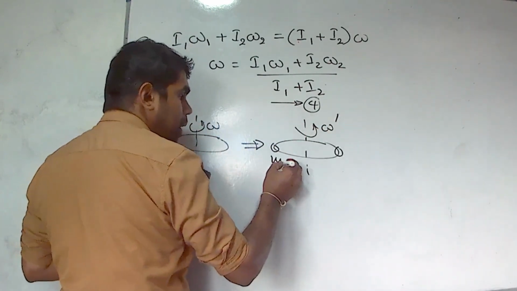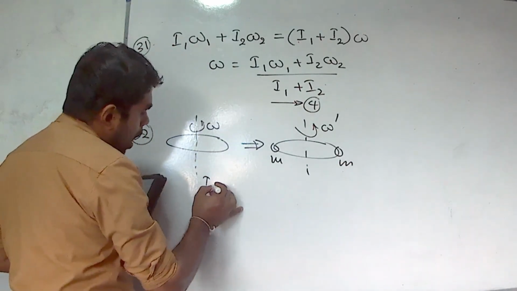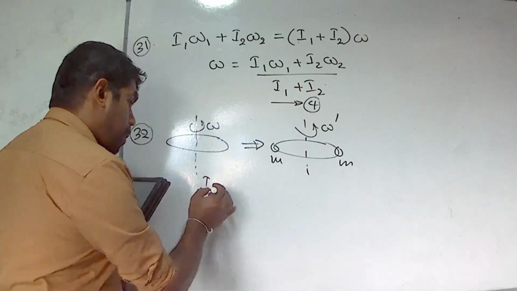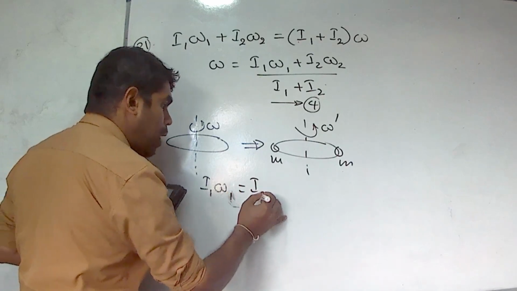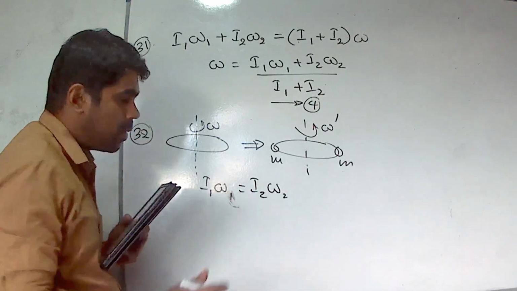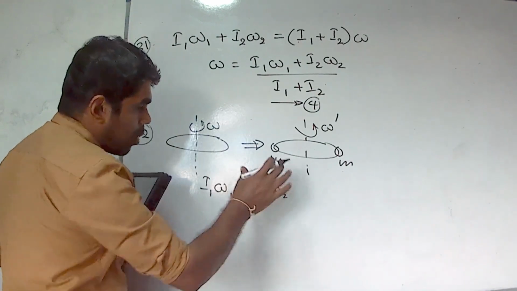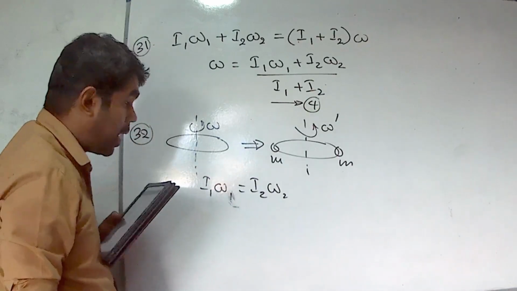Now there are small masses. Then we can get I1 omega 1 equals I2 omega 2. Conservation of angular momentum: angular momentum before the collision equals angular momentum after the collision. Collision means after connecting two small masses.